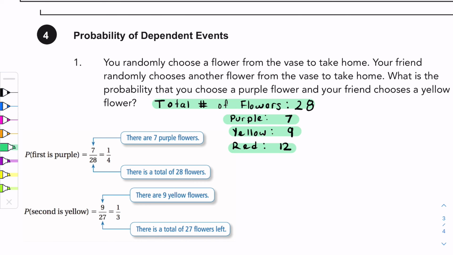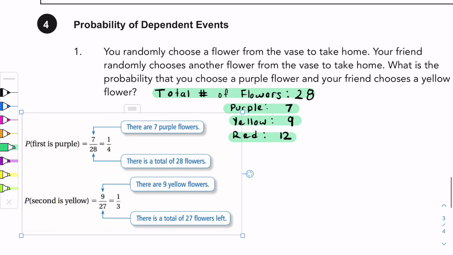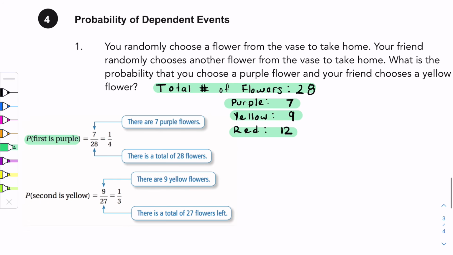And I actually typed out what I have just so I can explain instead of spending all this time writing. So the first flower that is being picked from the vase is going to be purple. It's the one that in the description it says you are choosing a flower. There are 7 out of 28 flowers that are purple. So here's my ratio of 7 over 28, which simplifies to 1/4.